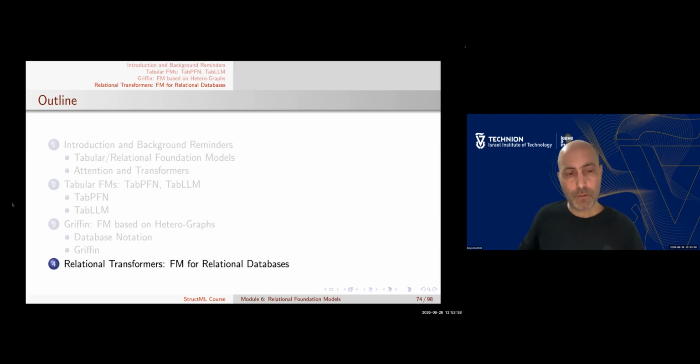The last model we're going to look at is RT, Relational Transformers. This is a foundation model that is designed to begin with for relational databases.